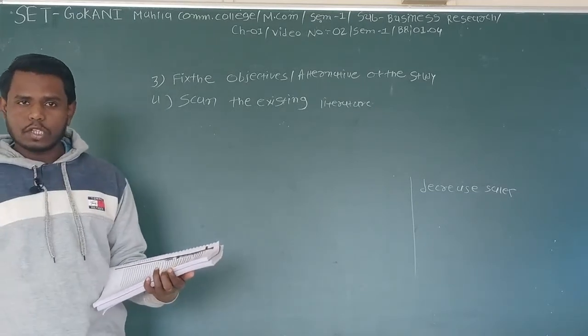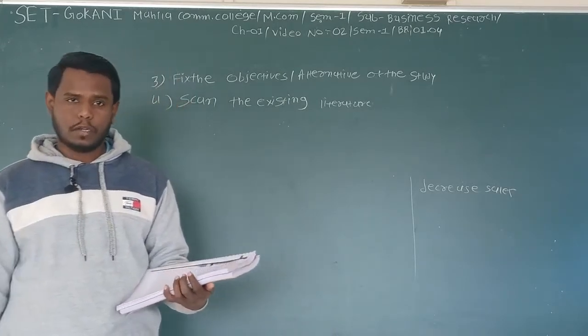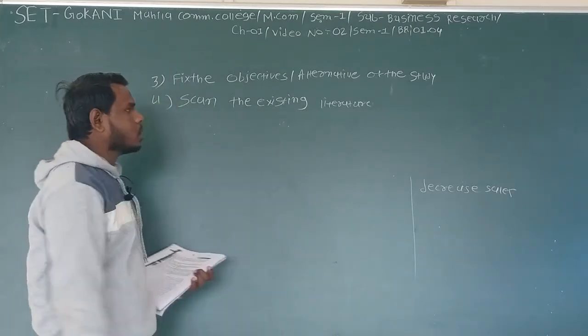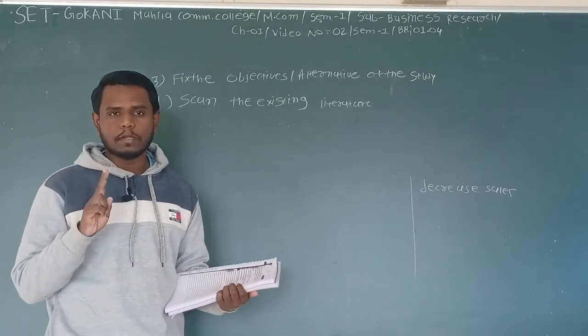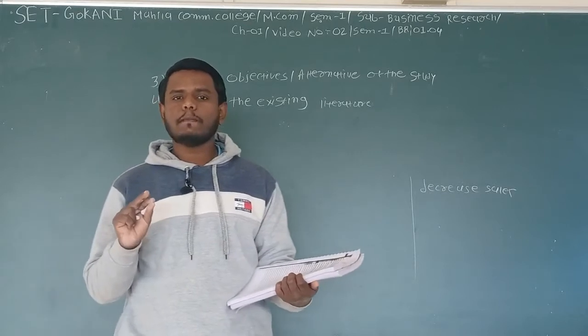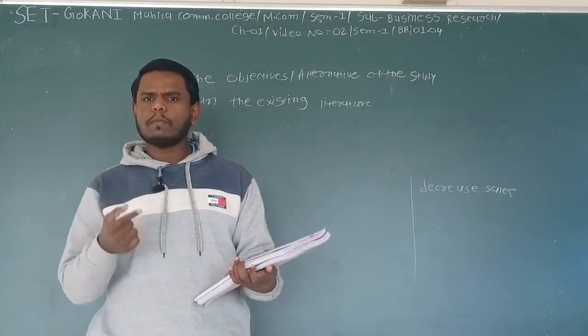Same for a business system. If you feel any problem in your business organization, you have a number of literature sources available. So basically there are two types of data available. The first is primary data and the second is secondary data. What is primary data?